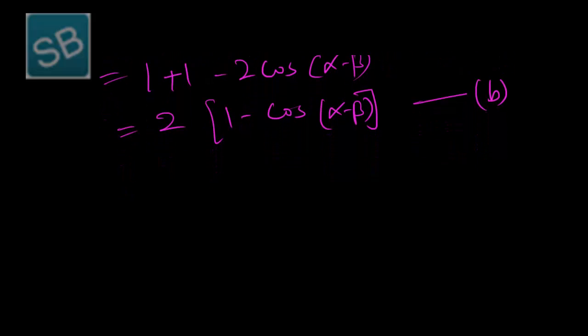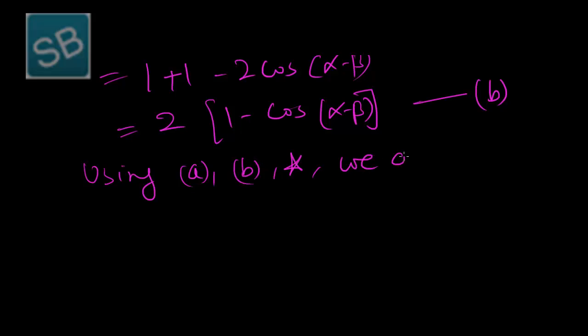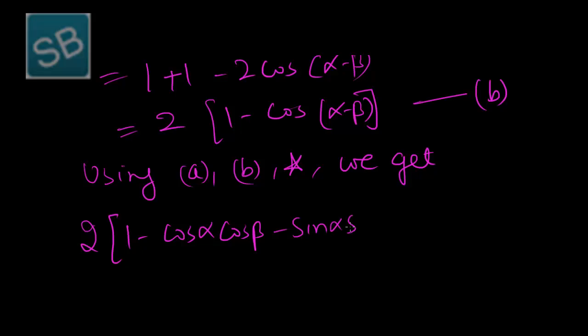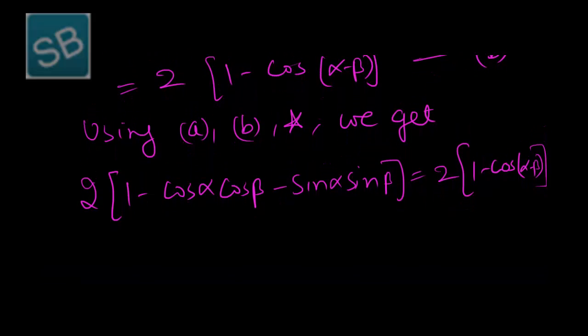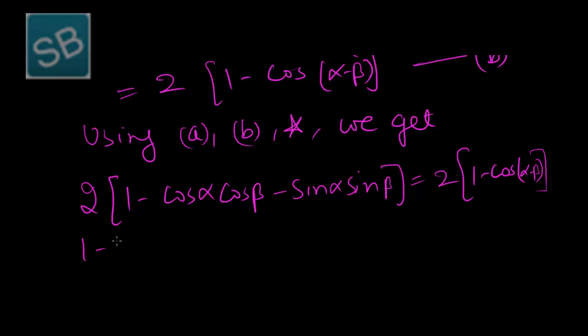Then using A, B and the star equation, we will get 2 times 1 minus cos alpha cos beta minus sin alpha sin beta is equal to 2 times 1 minus cos of alpha minus beta. So from here we get 1 minus cos alpha cos beta minus sin alpha sin beta.